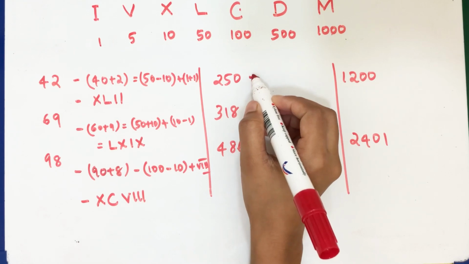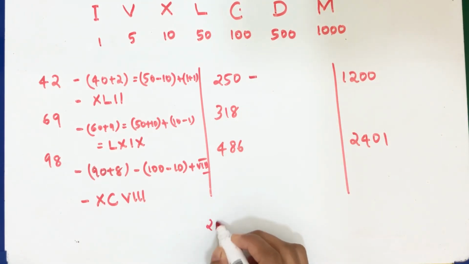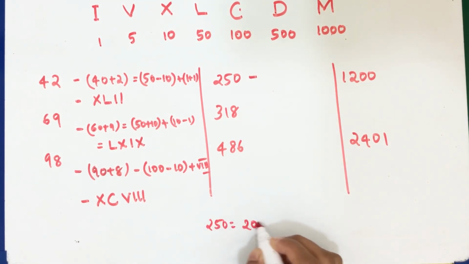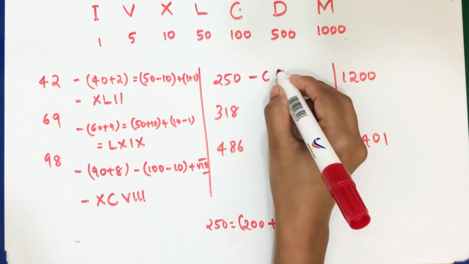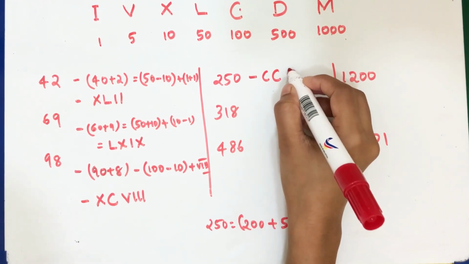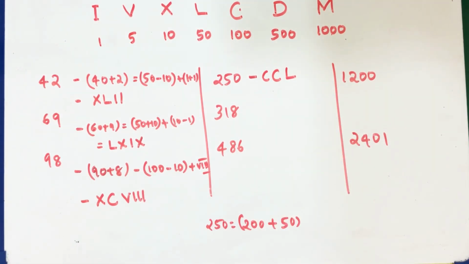Next 250. 250 is equal to 200 plus 50. Or 200 is 100 plus 100. 100 we have C. 200 is CC plus 50. 50 is L. So this is 250.